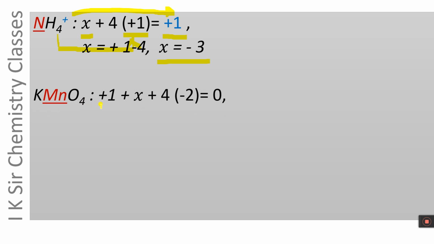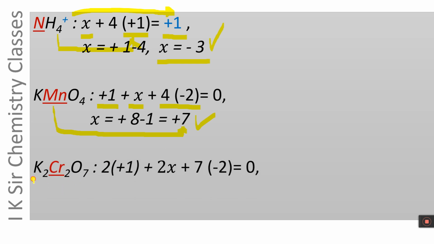KMnO4, oxidation number of potassium +1, oxidation number of manganese x, oxidation number of 4 oxygen atoms, 4 into -2 equals to 0, and on solving we get the oxidation number of manganese in KMnO4 equal to +7. It must be noted that the oxidation number is written along with sign. Without sign, the oxidation number has no significance.